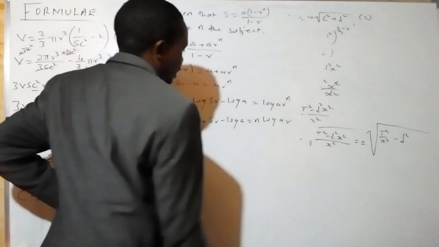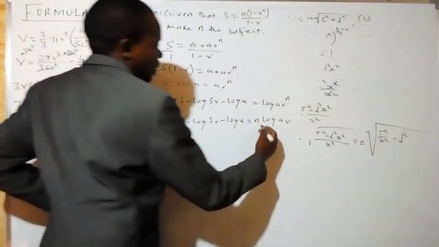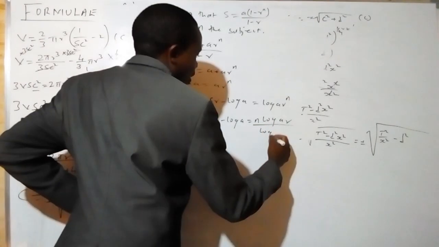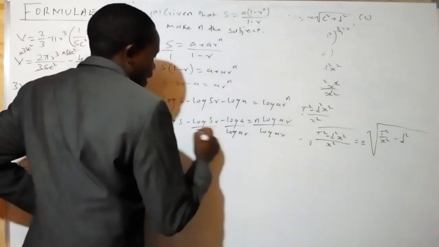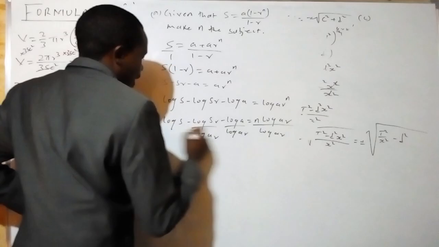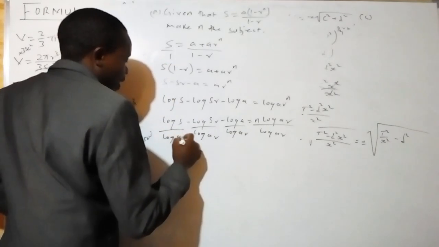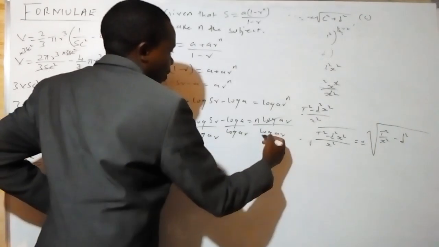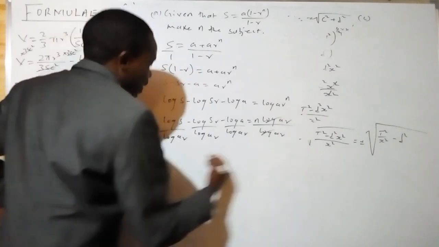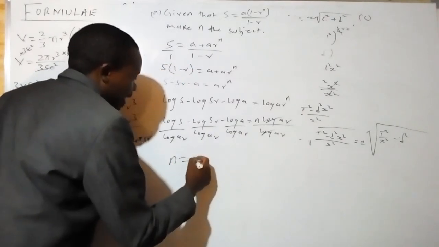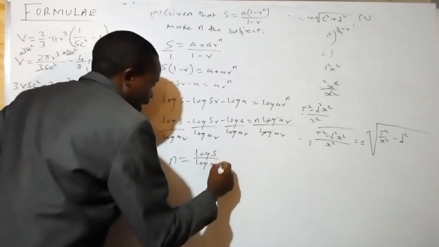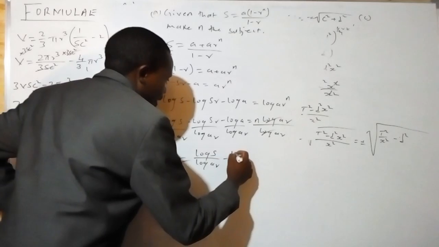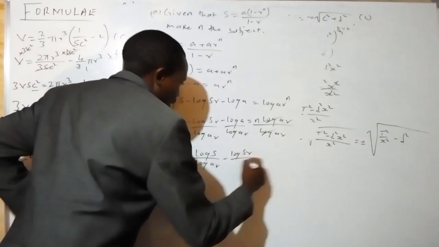Then thereafter, we are going to divide by log AR throughout. Log AR will cancel out on our right hand side and we will be left with the correct answer as N is equals to log S all over log AR minus log SR all over log AR.